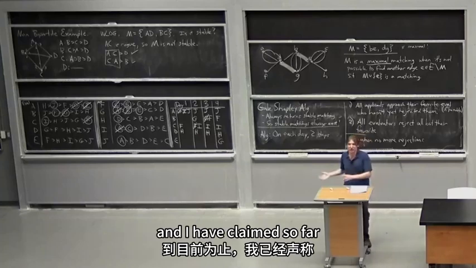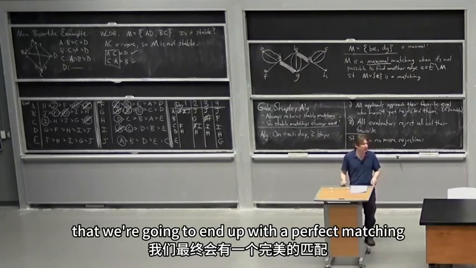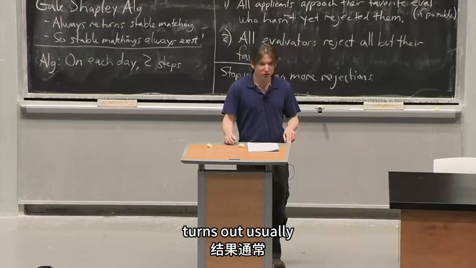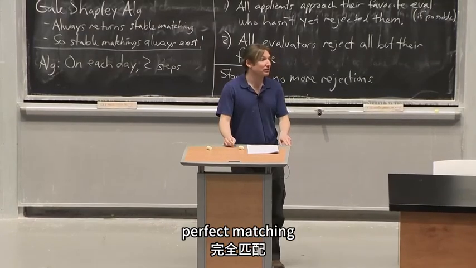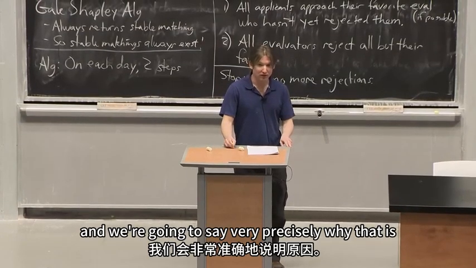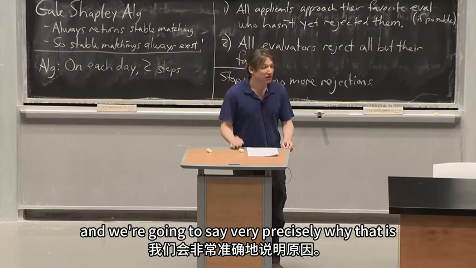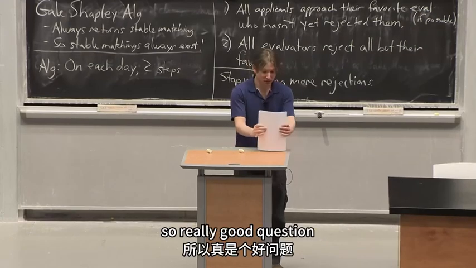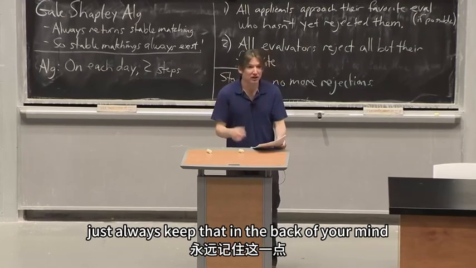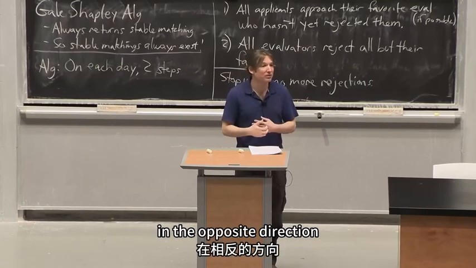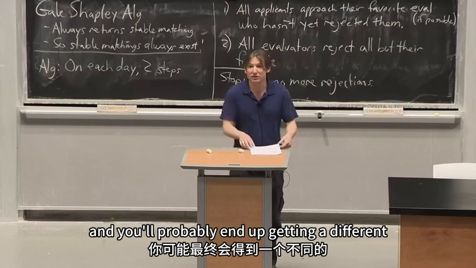And I have claimed so far that we're going to end up with a perfect matching. Turns out, usually what you're going to get is a different perfect matching. And we're going to say very precisely why that is a little later on. So really good question. But yeah, just always keep that in the back of your mind. You could have run the algorithm in the opposite direction, and you'll probably end up getting a different stable matching.